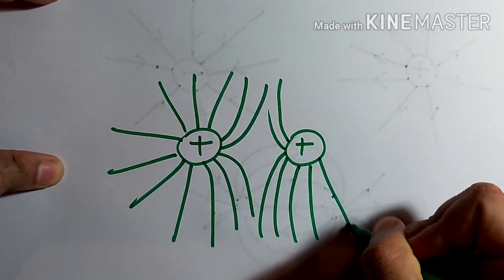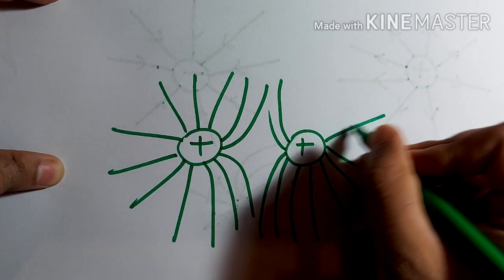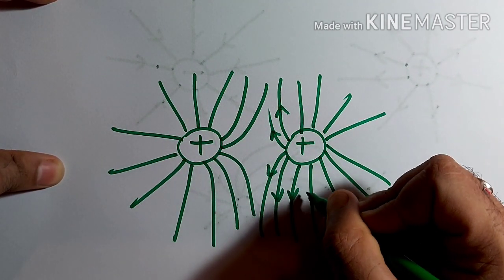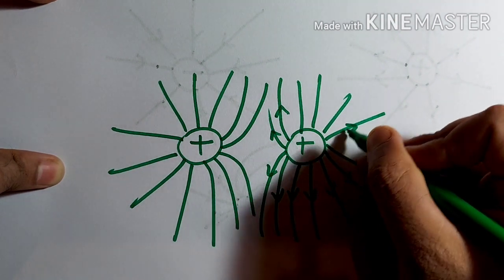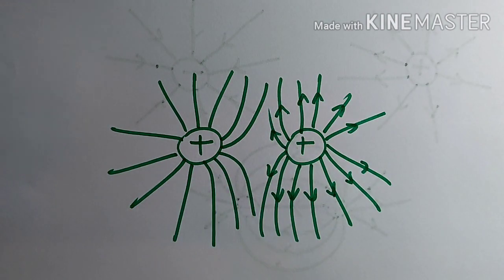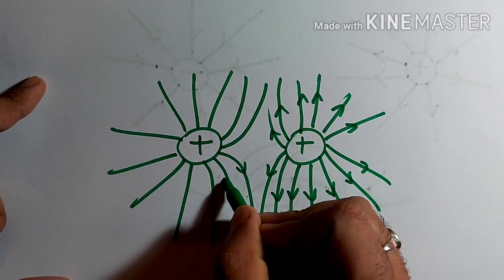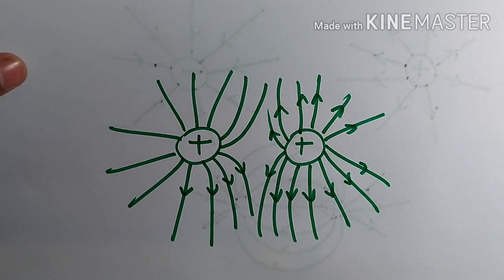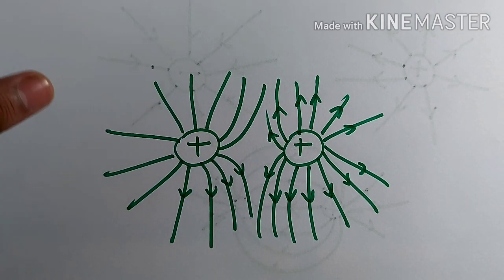Why? Because two positive charges repel each other, and hence the field lines also appear to repel each other. They will never intersect. Okay? Coming to the properties of these electric field lines, you will understand it better when I deal with them.